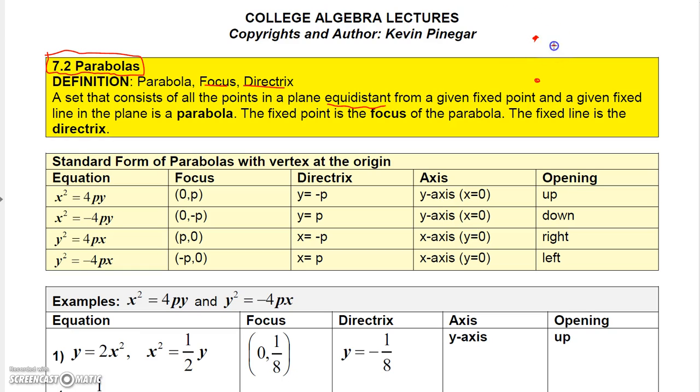Let's say the distance was this length. Well, then if you defined all points that are the same length from this point here and this point here, then it would actually define points on a parabola.